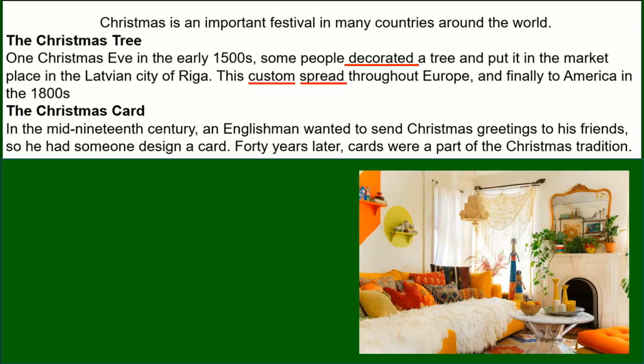Let's look at the picture. This is my room, and I made my room more beautiful with some small things like curtains or plants or pictures on the wall, for example.